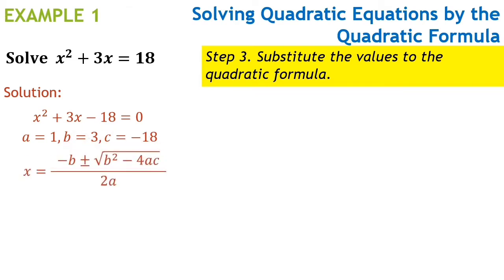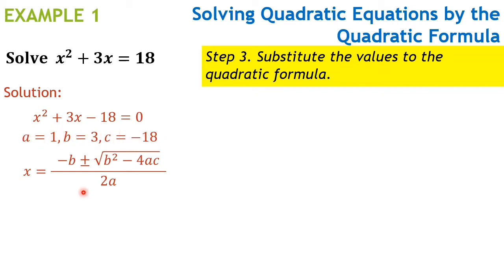The quadratic formula is negative b plus and minus the square root of b squared minus 4ac, all over 2a. So what we're going to do is replace the values of a, b, and c in the quadratic formula using these given values.